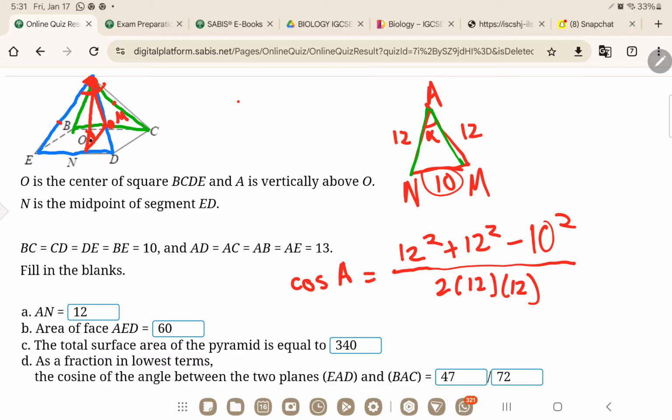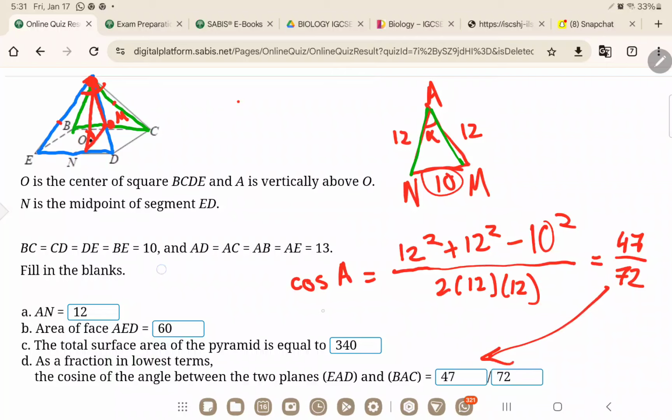So 12 squared plus 12 squared minus 10 squared. Again, always put brackets around the 10, so your calculator actually subtracts them and doesn't add them. Into 2, into 12, and 12. You're gonna get cosine of A equals 47 over 72, which is your answer.